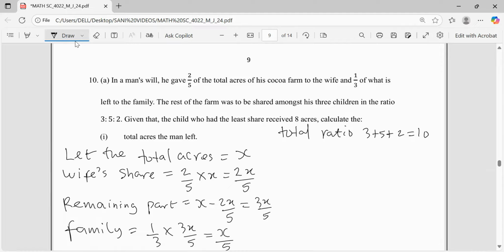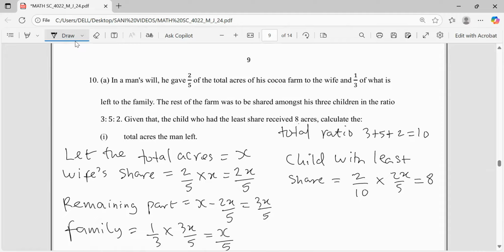Now the child with the least share got 8 acres. So that is 2 over 10 times the amount that was shared, which is 2x over 5, equals 8.